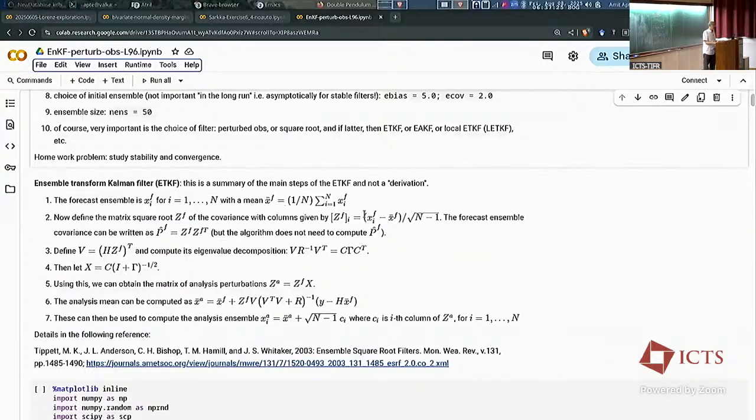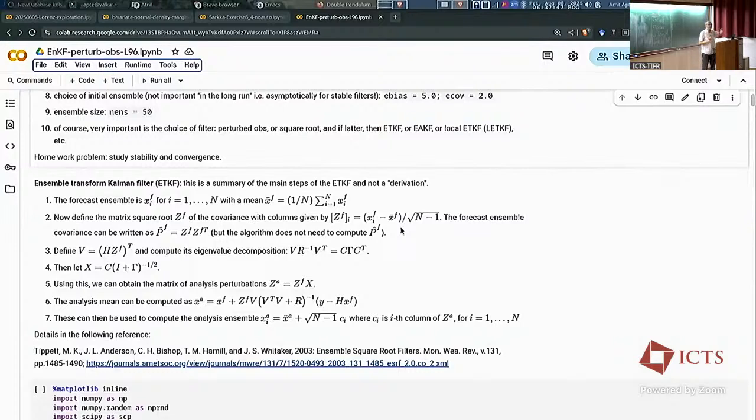And x_i minus x bar are the deviations. So you make a matrix with columns which are these deviations x_i minus x bar. That's an n cross d matrix or d cross n, depending on which way you look at it, columns or rows.